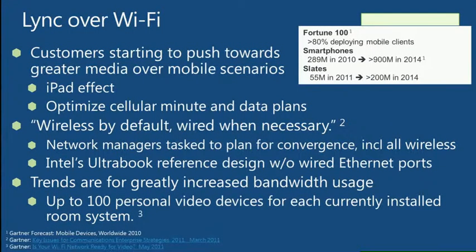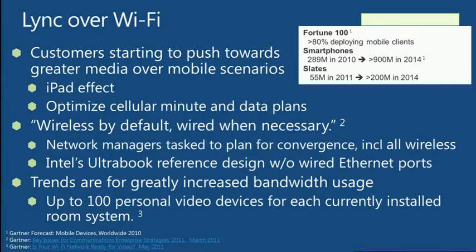One of the things we've been seeing with wireless is that more and more organizations are looking to go wireless first, as opposed to having wireless be an option or an alternate for a lot of their users.